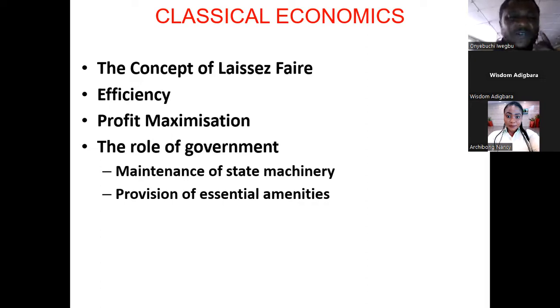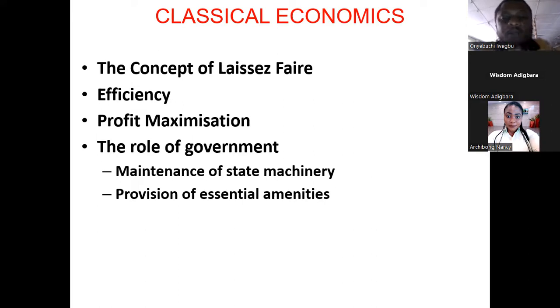The next emphasis of the classical school is on profit maximization. So the classical school emphasizes profit maximization. And what does that mean? It simply means that the objective of individuals or organizations is to maximize profits.